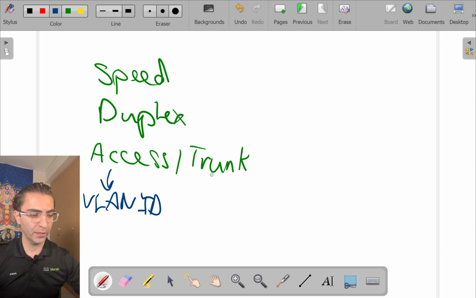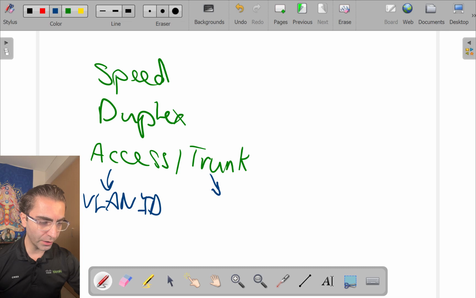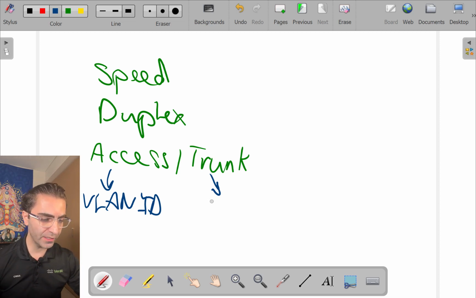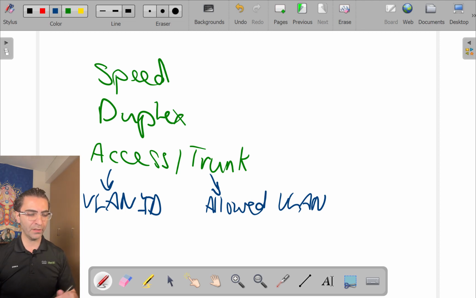Same for trunk. If you want to bundle trunk interfaces, those trunk interfaces should have similar allowed VLANs. We talked about it with the command switchport trunk allowed vlan, you remember that?